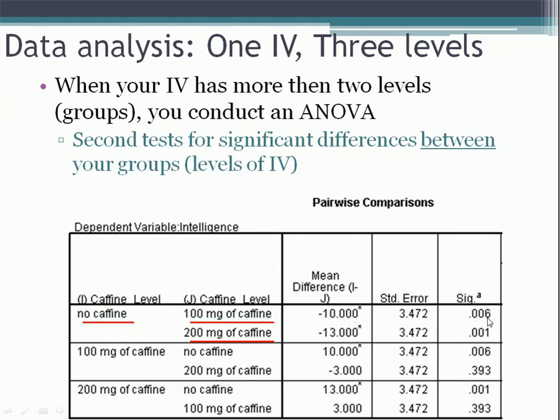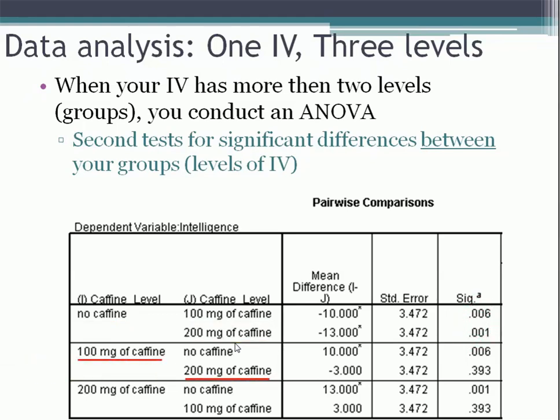And we look over here for the significance value, and is that less than 0.05? It is. And the no caffeine group to the 200 milligram group, and that is significant as well, 0.001.